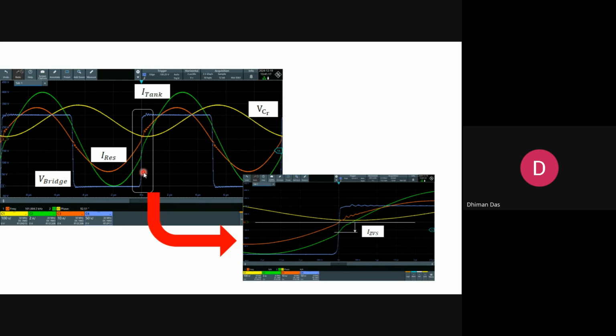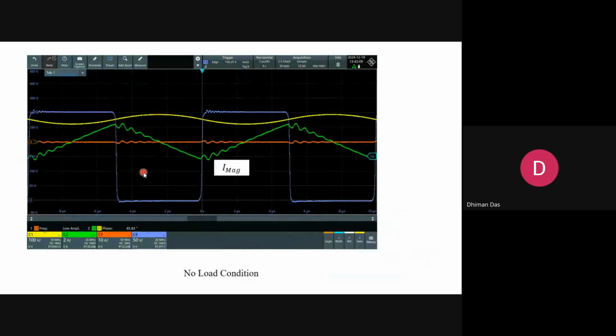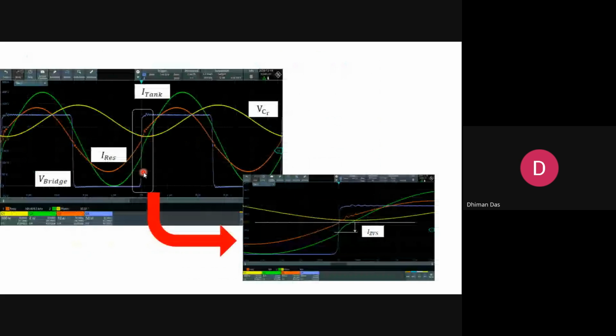We are just using the parasitics of the circuit to achieve ZVS. Now this yellow one is the voltage across the resonating capacitor. You can see there is a 90-degree phase shift between current and voltage, since the capacitor voltage and capacitor current are 90-degree phase shifted. You can observe all these kinds of phenomena in this converter.